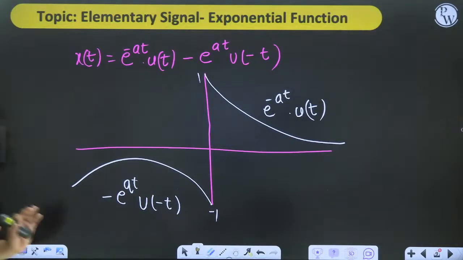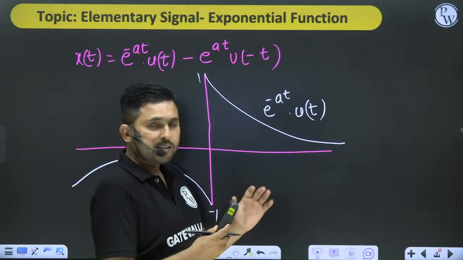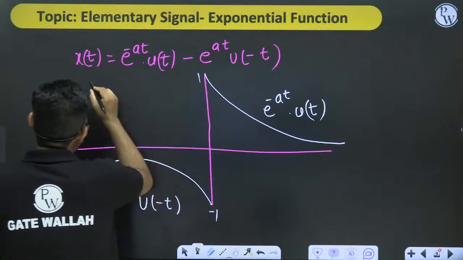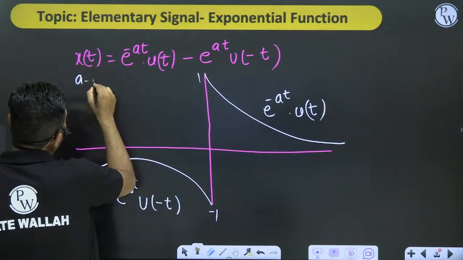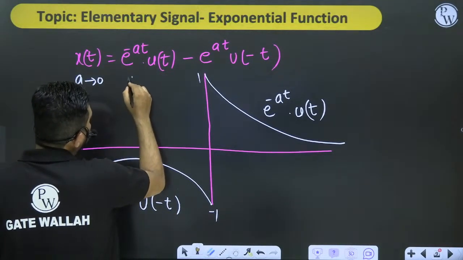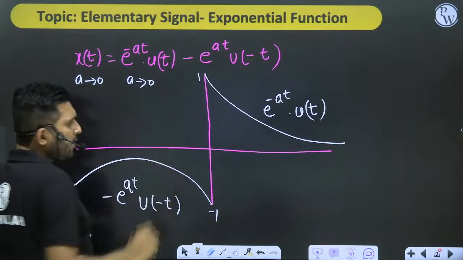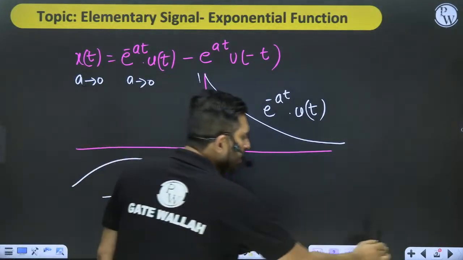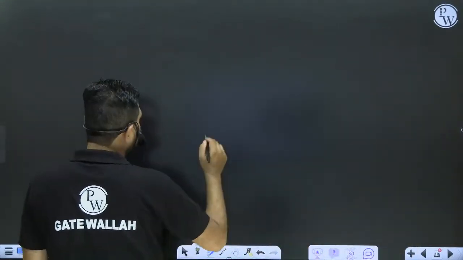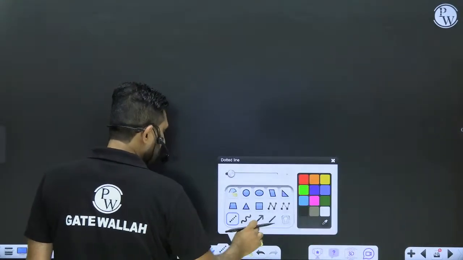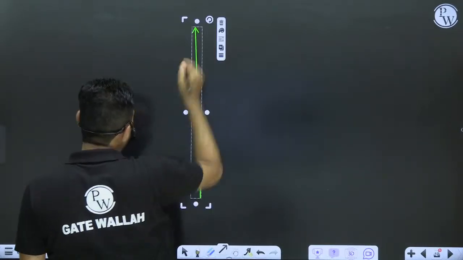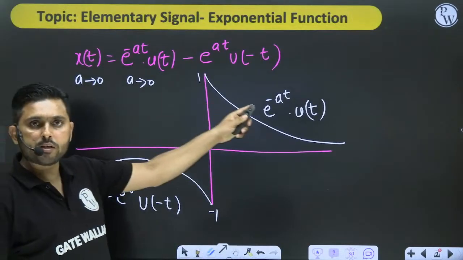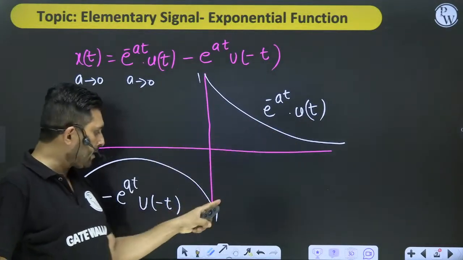Now the point is, listen carefully. If I put a tending to 0 in x of t, then this becomes u(t) and this becomes u(minus t).